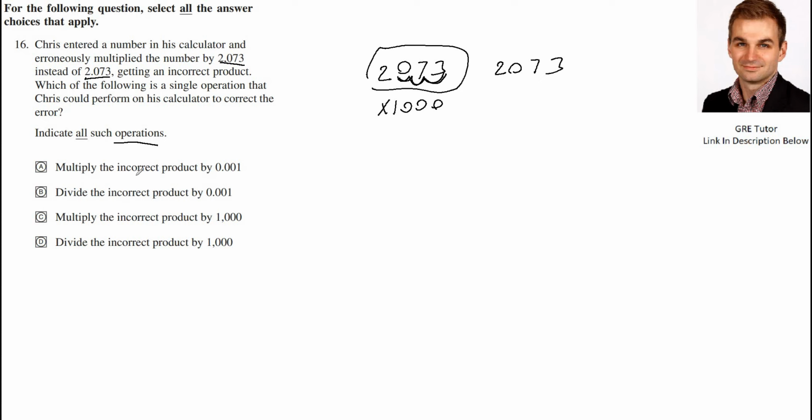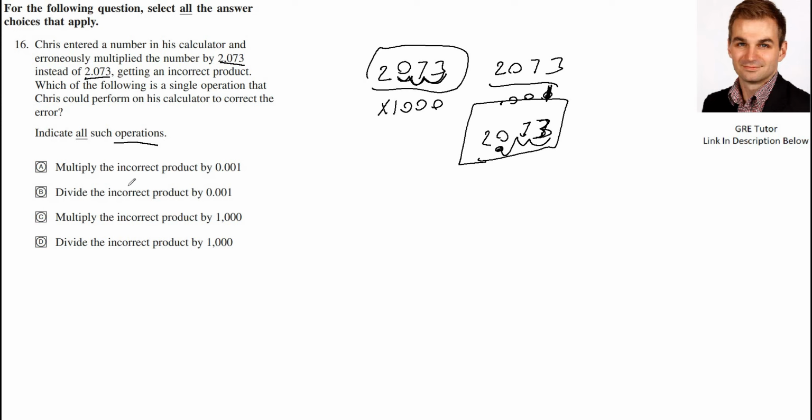If you multiply the incorrect product by 0.001, what's going to happen to it? You will get 1 times this, 1 times that, 1 times that, 1 times that, and then you have to add the decimal places. So 1, 2, 3. That works. That gets you back to 2.073. Sorry, that should be a 3.